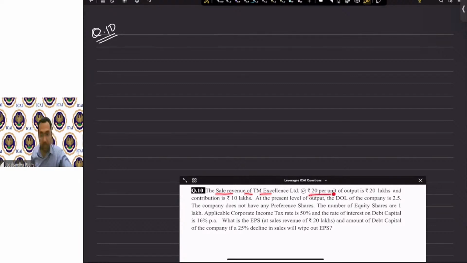Sale revenue of TM Excellence at 20 per unit of output is rupees 20 lakhs and contribution is 10 lakhs. At present level of output, degree of operating leverage of the company is 2.5. The company does not have any preference shares. Number of equity shares are 1 lakh.